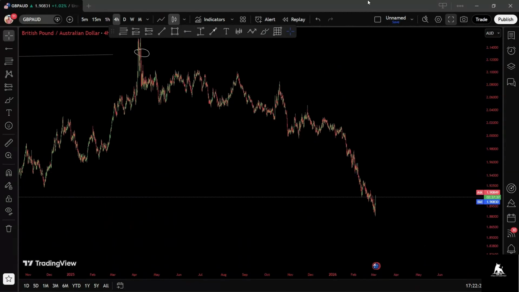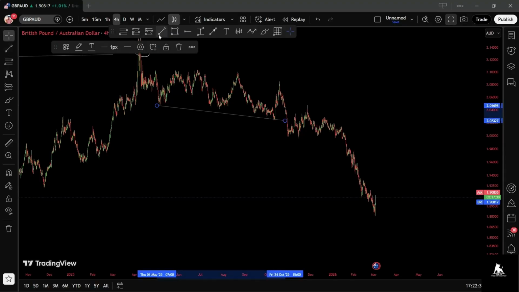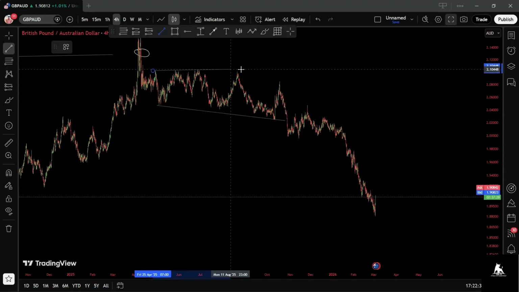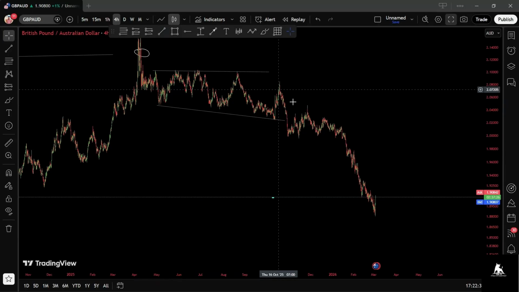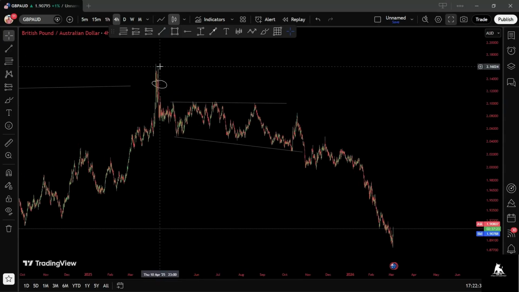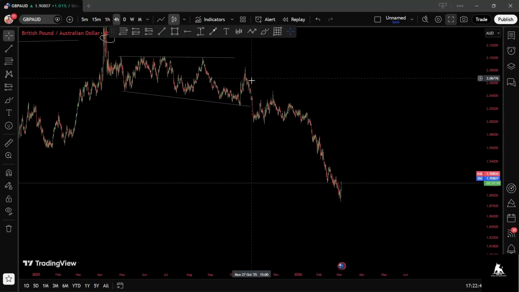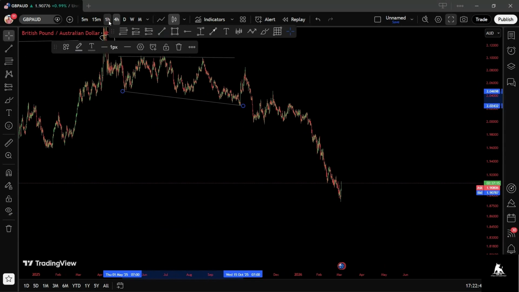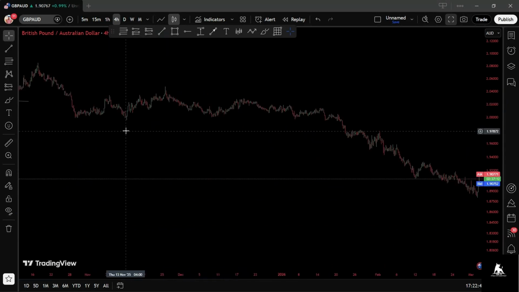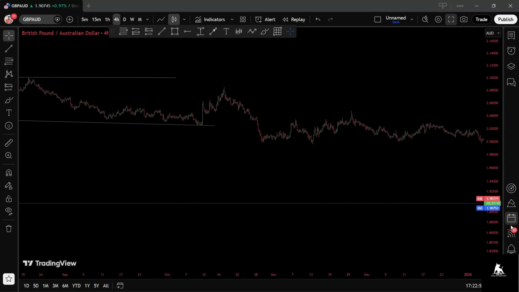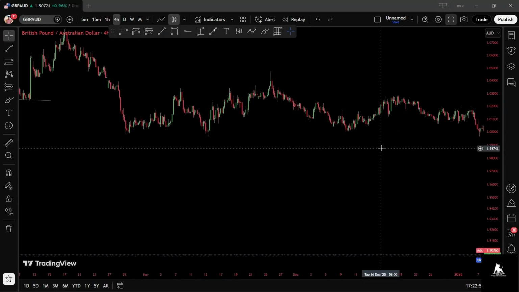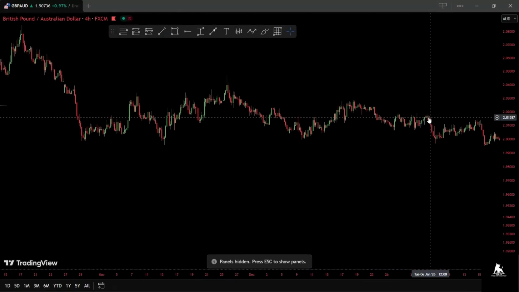I just wanted to make it clear for you guys so you can see it clearly. We are going to start from here because this was a little bit messy, more on the advanced side of trading. I'm not going to go too deep into whatever was happening here, but it was also obvious this was a push down and then a larger correction for us to get an impulse all the way down.